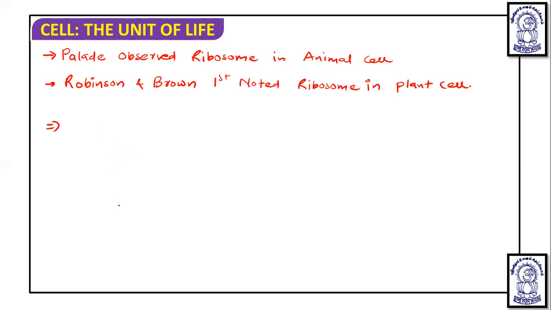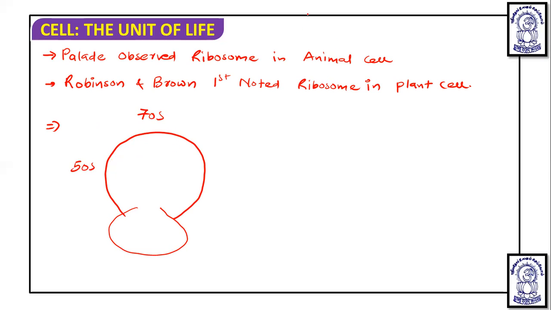Now, if we talk about the 70S ribosome and its components, suppose this is a 70S ribosome, then this is the 50S subunit, and this is the 30S subunit.